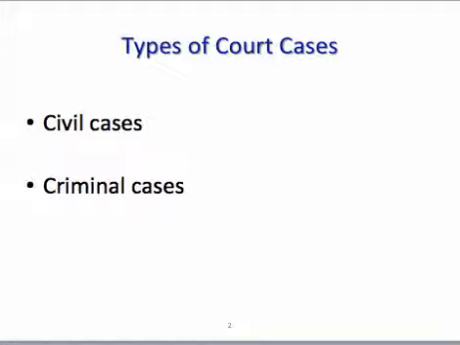The government is the plaintiff. If you are suing your neighbor because he sold you a lousy automobile, and you're seeking a civil judgment, that's a civil case.